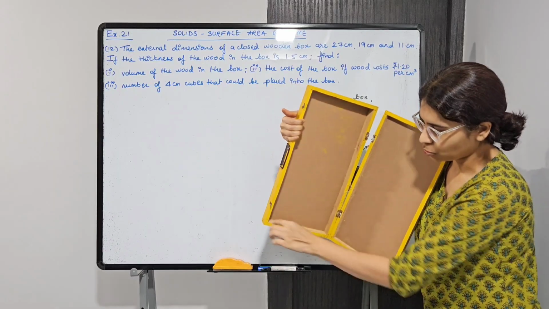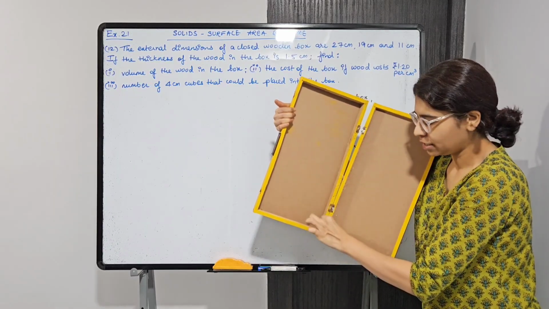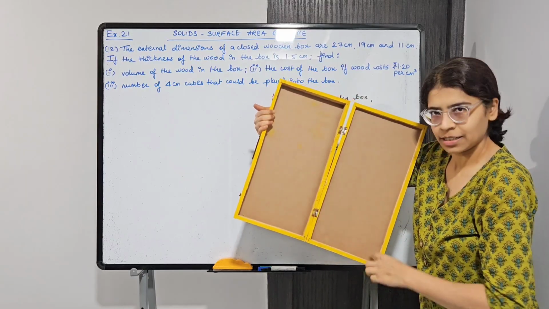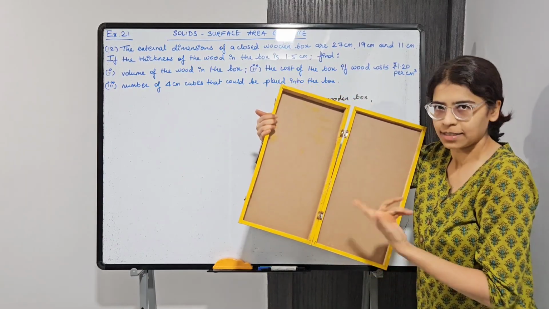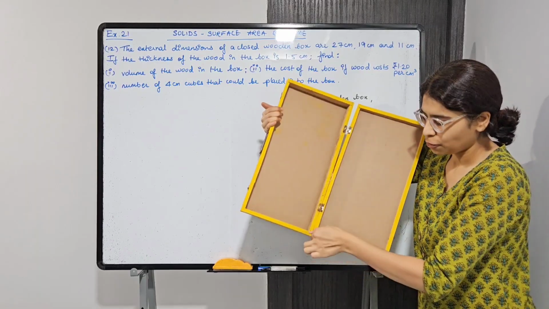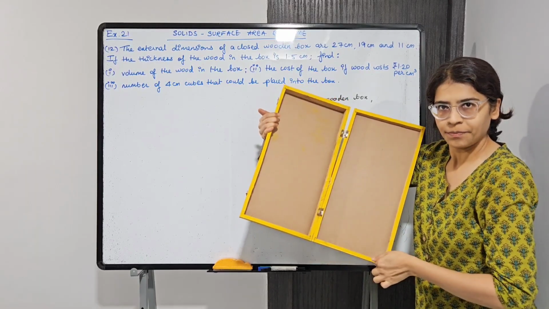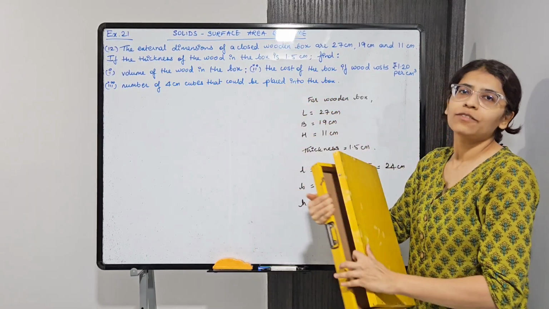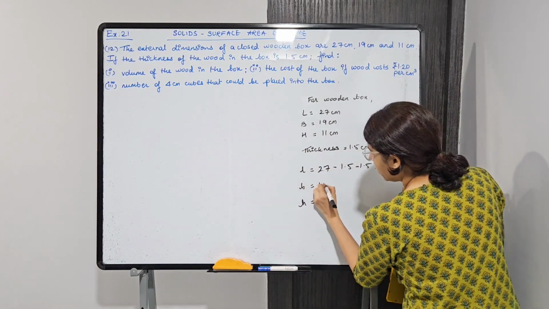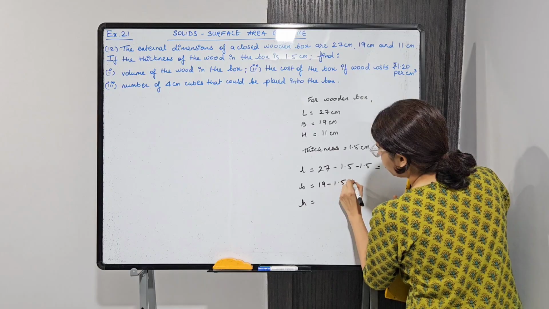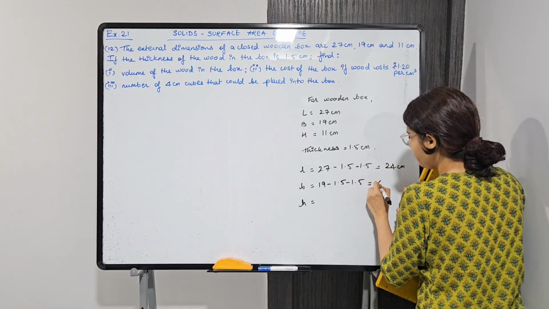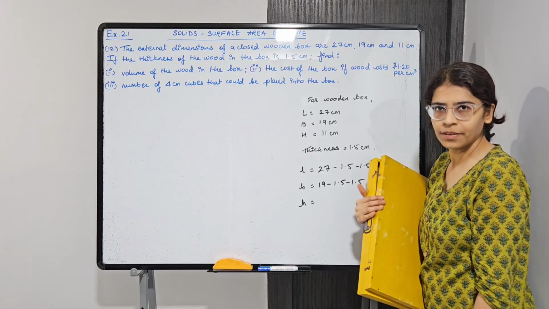The breadth is the same on both sides, so subtract 1.5 from the outer breadth. So again we will subtract 1.5 twice. So 19 minus 1.5 minus 1.5, that is minus 3. 19 minus 3 will give 16.